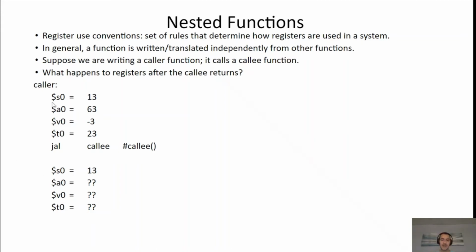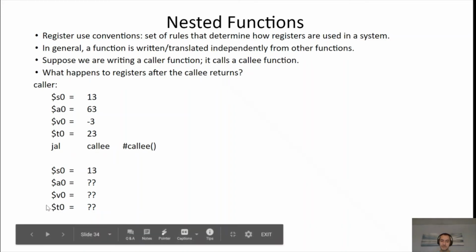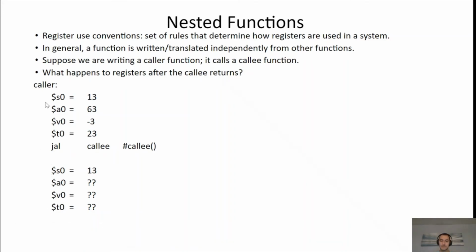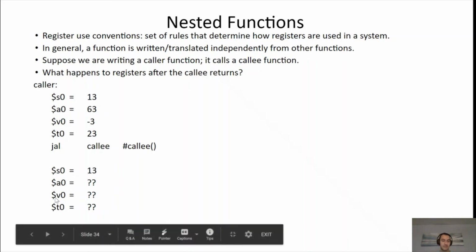So if you have these registers with some values, after calling this function we see the result of these same registers. S0 had 13, and after that we know it still has 13 in it. But A0, V0, or T0, in general A's, V's, or T's, could lose their value.